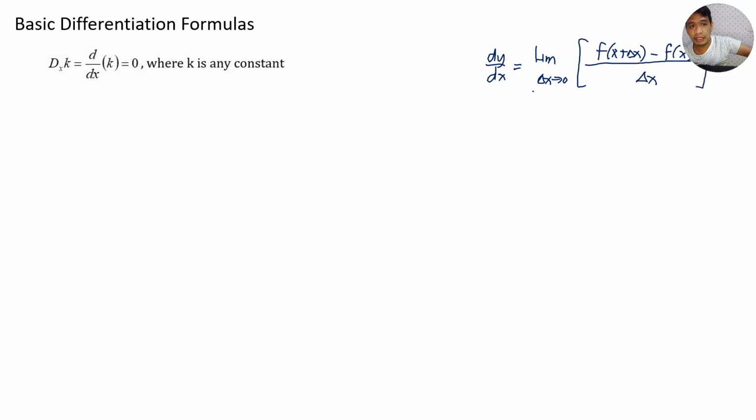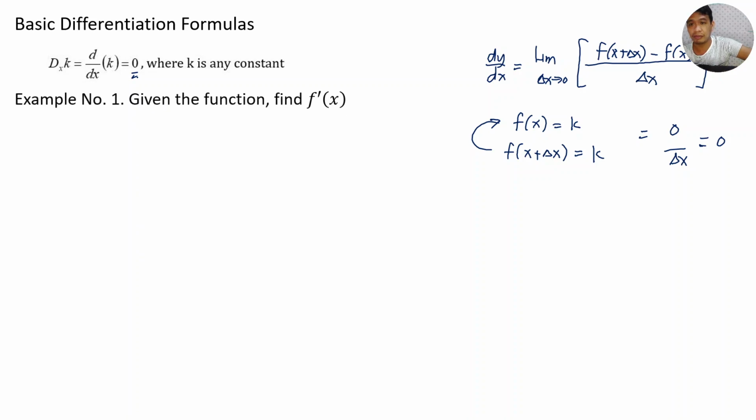So as we notice, if the given function f of x is a constant, f of x plus delta x is still a constant k. So once you subtract this from there, k subtracted from itself is equal to 0. And 0 divided by delta x is 0. Then the limit of 0 as delta x approaches 0 is equal to 0. Thus, we have the derivative for every constant k is always equal to 0.